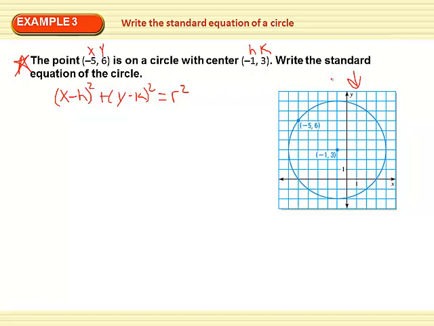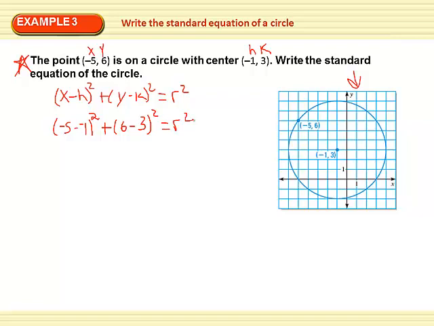In some cases, you just have the two points, the point x, y and the center h, k. So what I'm going to do is plug in my x value, y value, h value, k value. My x value is -5. My h value is -1, quantity squared, plus my y value, which is 6, minus my k value, which is 3, quantity squared equals r squared.